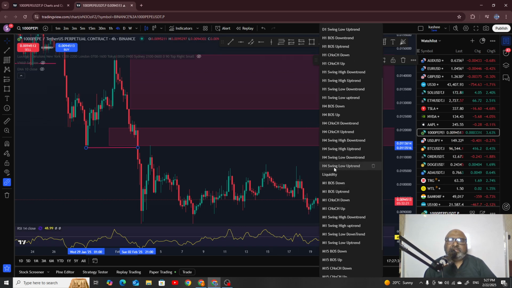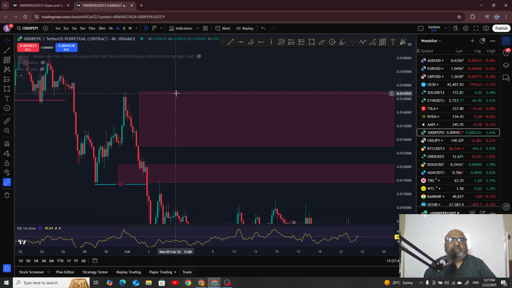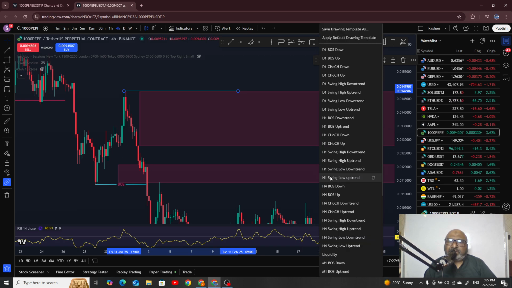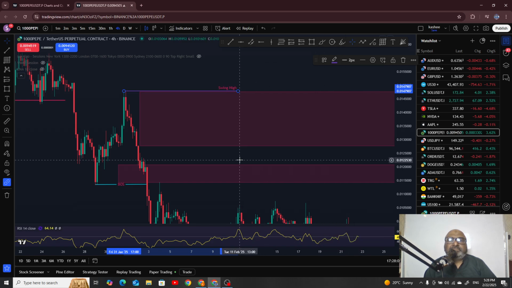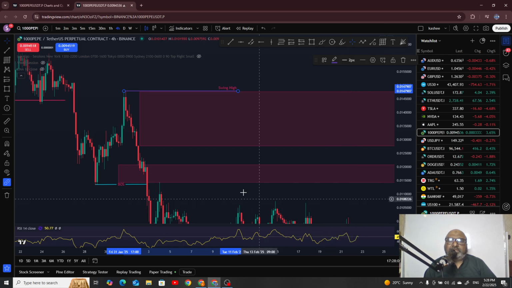This is H4 break of structure down. And this is H4 swing high for the downtrend. Okay.